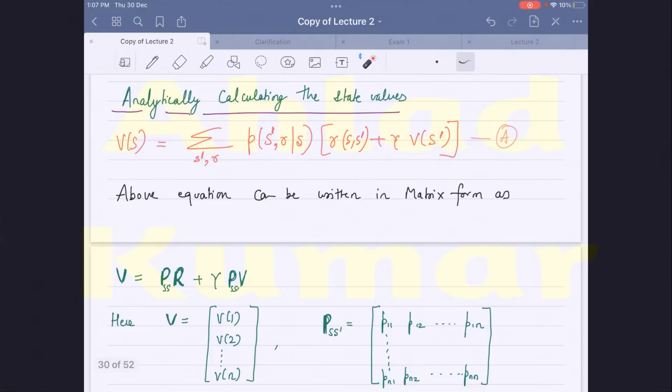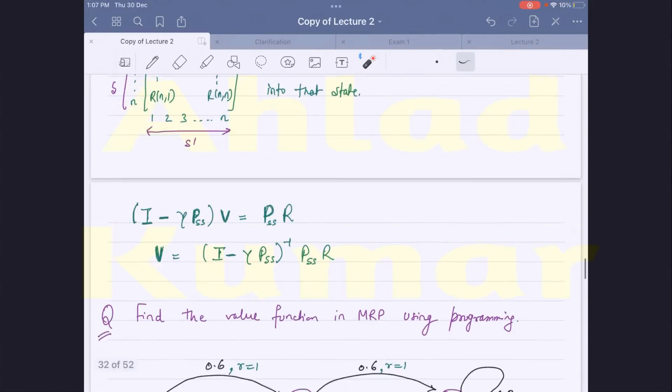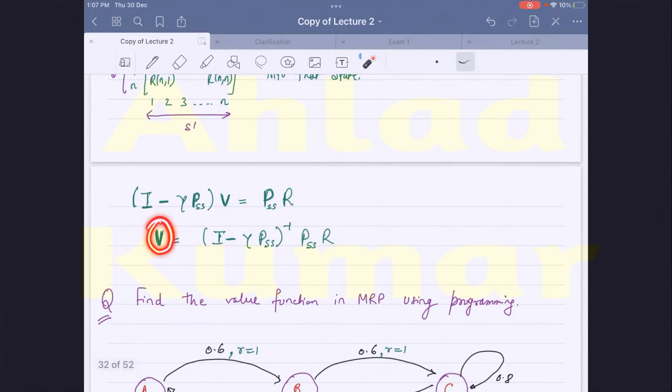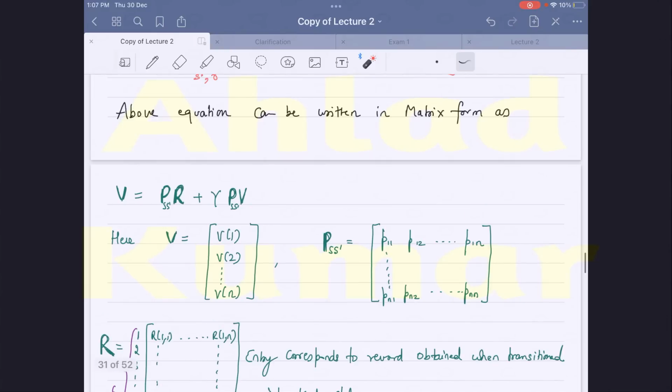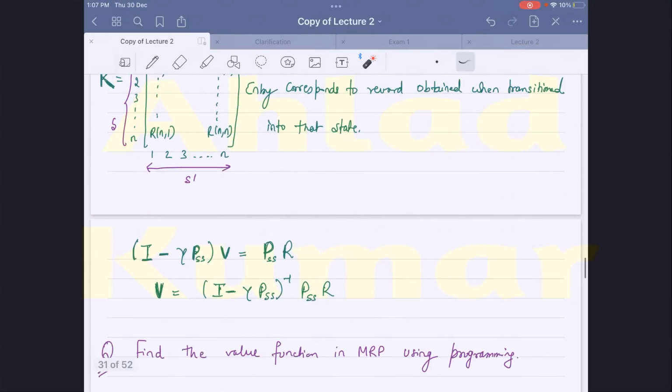So once we know all these things, we can actually use this particular expression to write in matrix form like this. And now once we have this, we can actually take the value of V onto the left side. So we can move this to the left, and then we can use matrix algebra to solve for V, which is given like this.